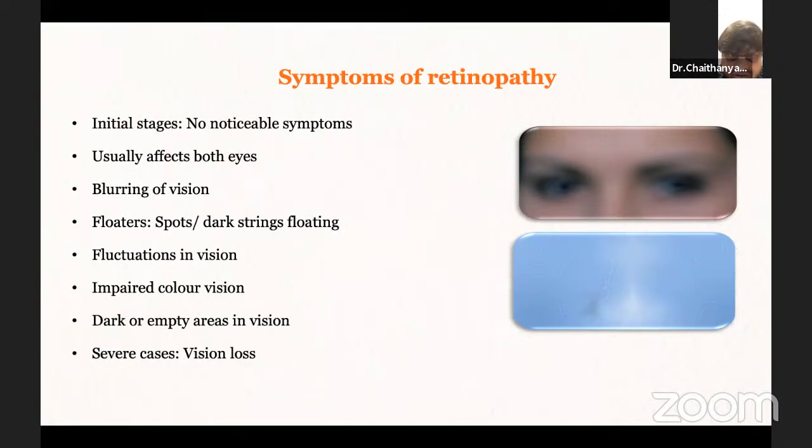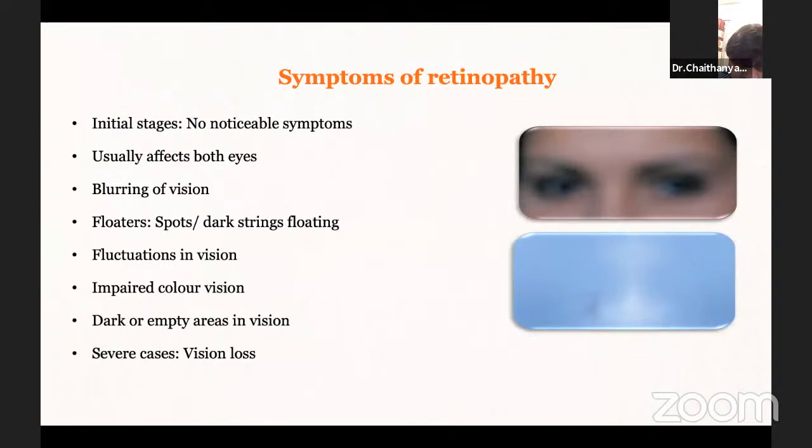That particular macular edema, which I told, there can be swelling in the middle of the eye, can be present either with mild non-proliferative diabetic retinopathy. It can be present even with PDR, that is proliferative diabetic retinopathy. Even when they have a swelling in the eye, the ophthalmologist will treat the eye immediately. The problem with retinopathy is that it is one of the most common complications of diabetes.